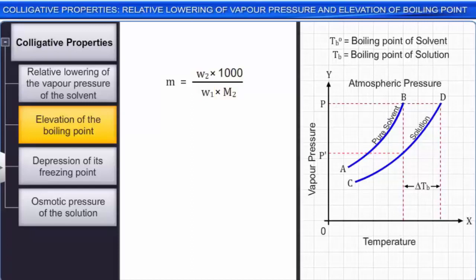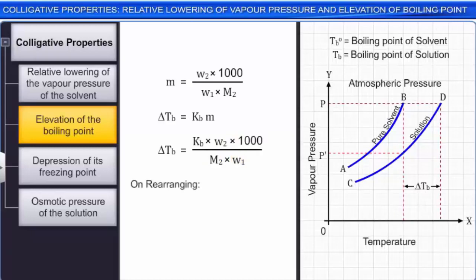Substituting this value of molality in the equation for elevation of boiling point, we get delta Tb is equal to Kb multiplied by W2 multiplied by 1000 divided by M2 multiplied by W1. Rearranging this equation, we get M2 is equal to Kb multiplied by W2 multiplied by 1000 divided by delta Tb multiplied by W1.